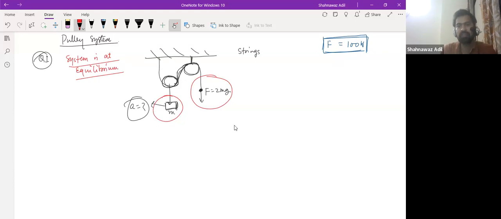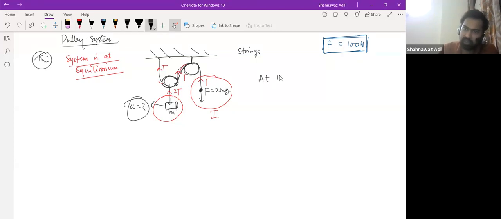Yes, guys. So how many forces are acting on this one? One force is downwards, and then you have tension upwards, right? In this one, you also have tension upwards, and in this one also tension upwards. So there are two tensions, so you have 2T upwards. At this part, let's say this is 1.